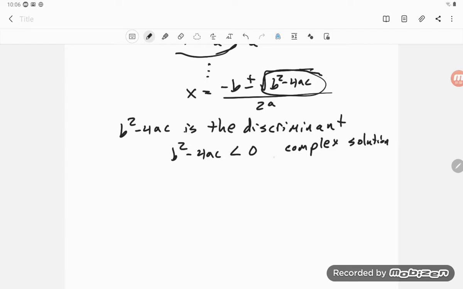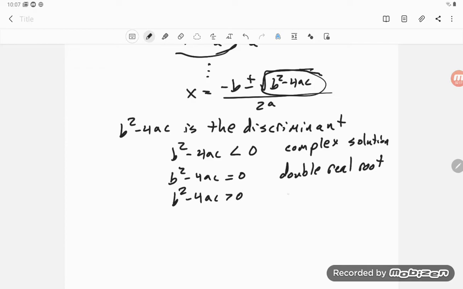If b squared minus 4ac is equal to 0, we get a double real root. And if b squared minus 4ac is greater than 0, we get two distinct real roots.